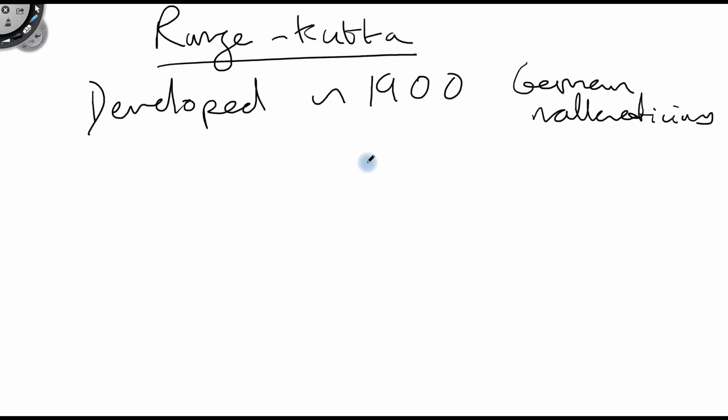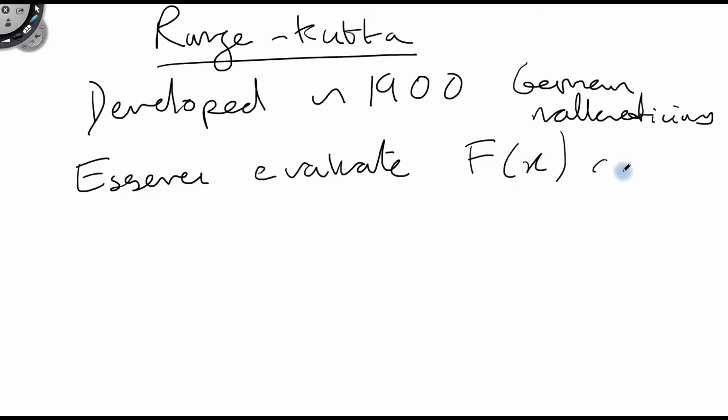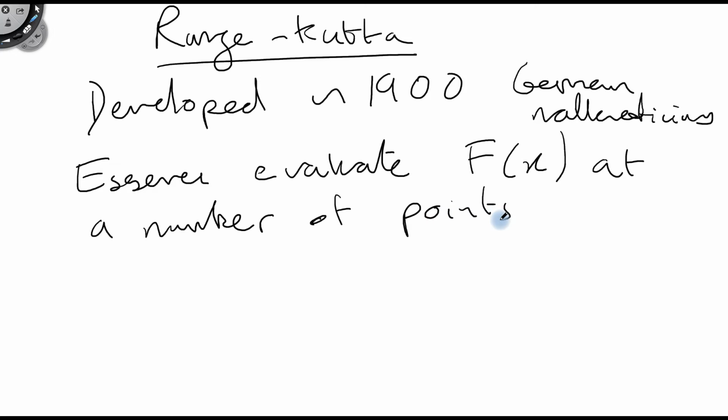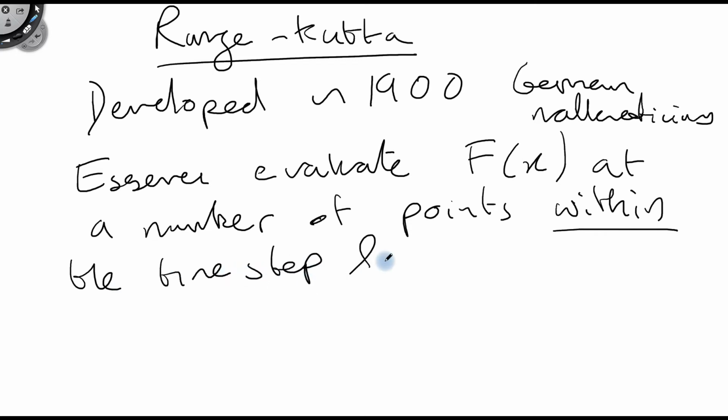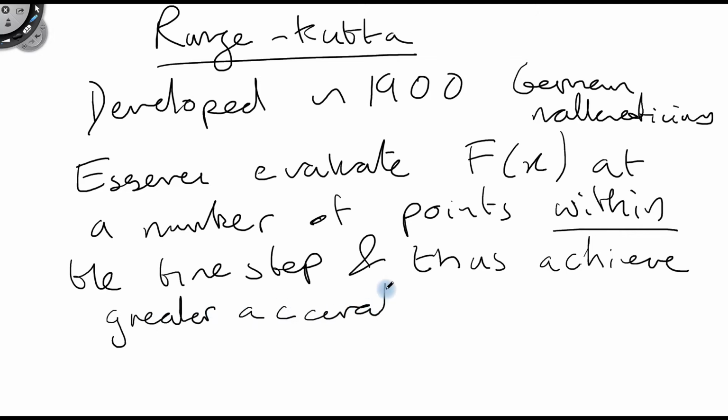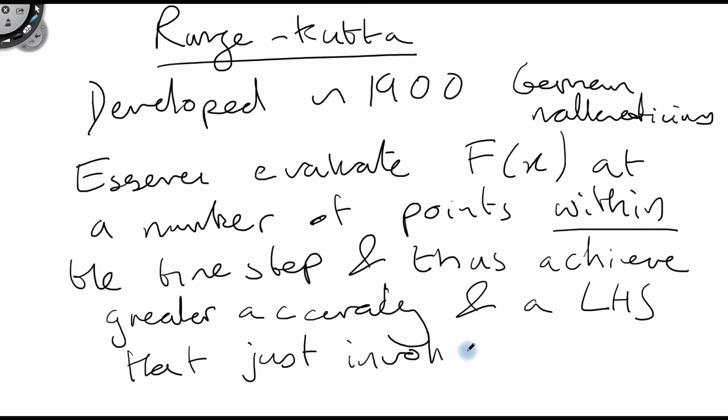So the essence of Runge-Kutta is we now instead evaluate f of x at a number of points within the time step, and thus achieve greater accuracy, and a left-hand side that just involves x n and x n plus 1.